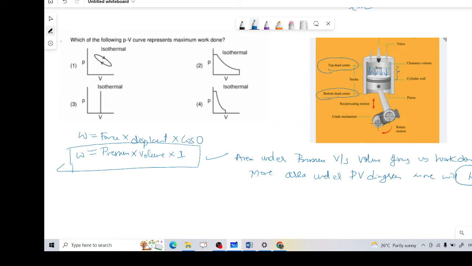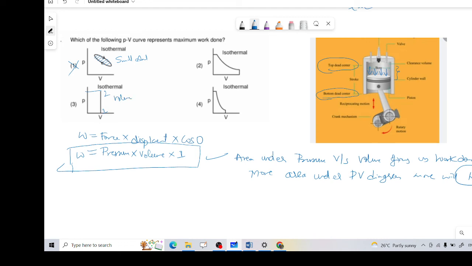See here in this PV graph, this area is small, so we can produce only a small amount of work done here. So this cannot be our option. And the third one, throughout this there is a change in pressure; the pressure is changing from 1 to 2. But what is happening?